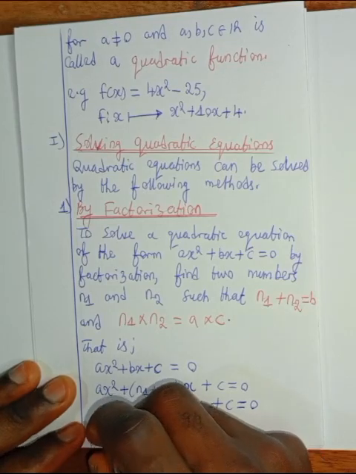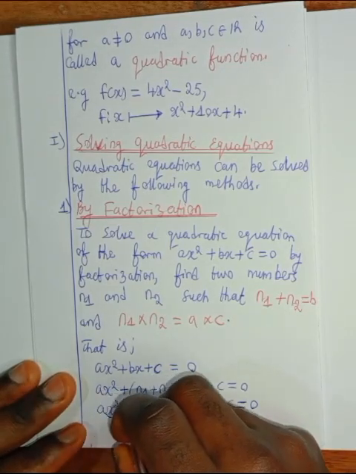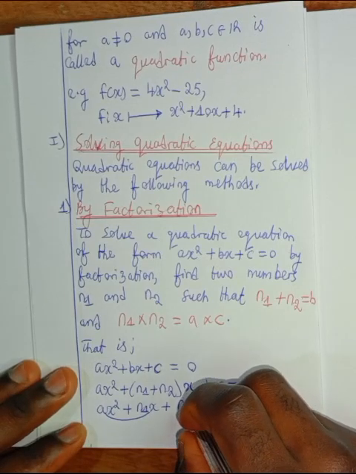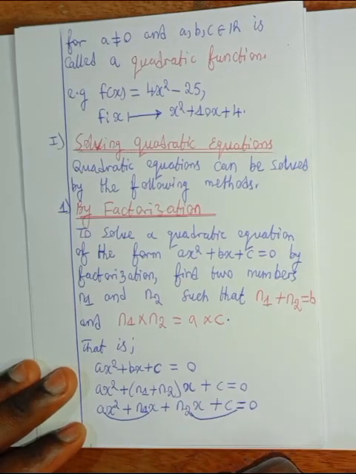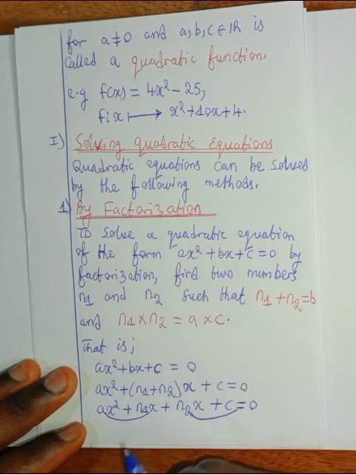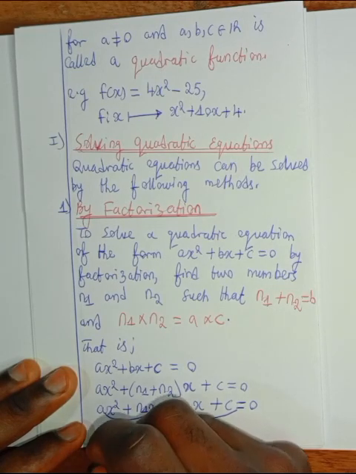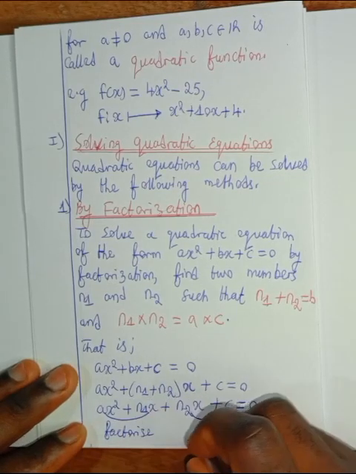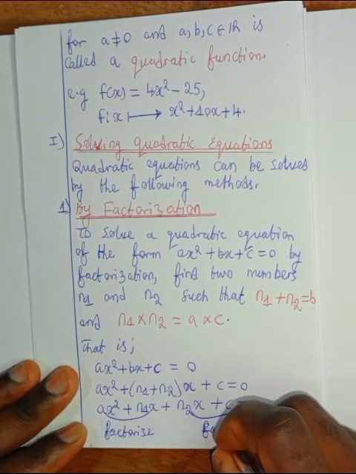Then next thing, we are going to take this first pair, we factorize what is common. We take the second pair, we factorize what is common. Then after performing the factorization, we equate the factors to 0 and we solve for x in the linear equation. So here we factorize and here we factorize.